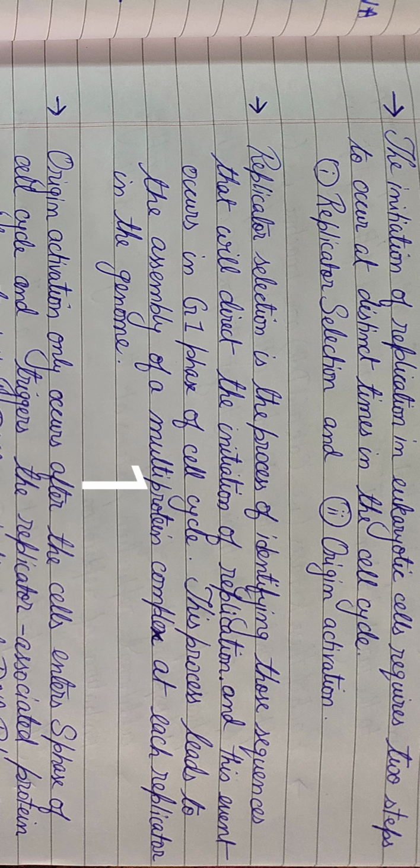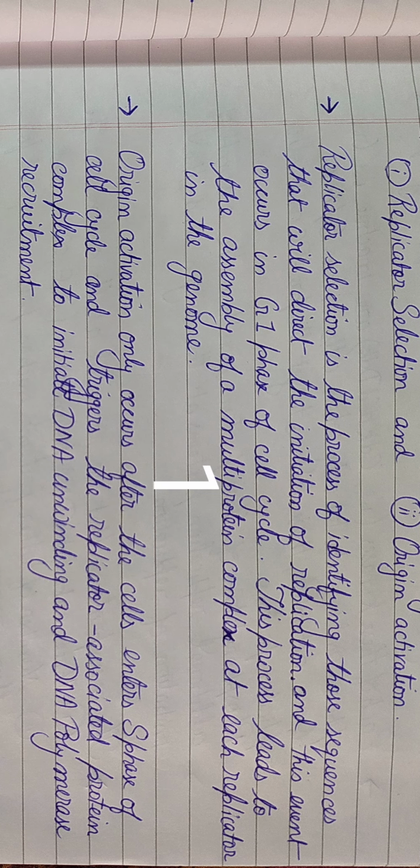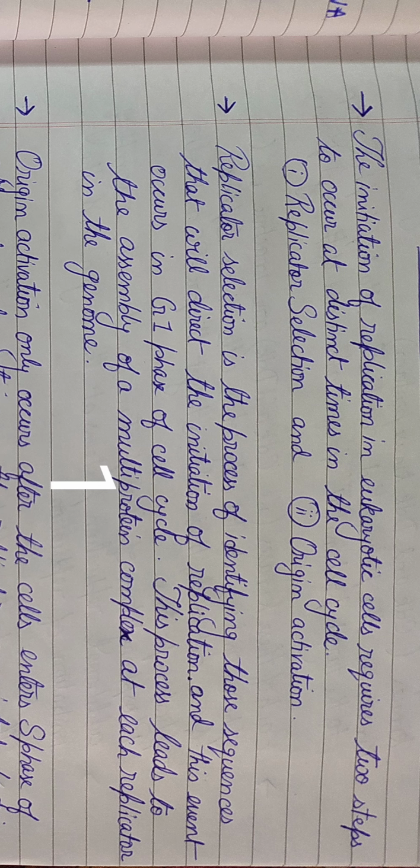This process will lead to the assembly of a multi-protein complex at each replicator in the genome. So the first step for initiation of replication in eukaryotic cells is replicator selection.